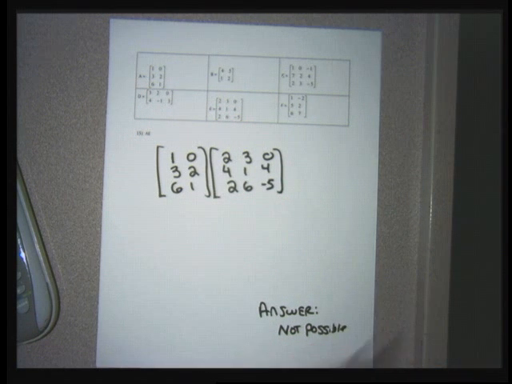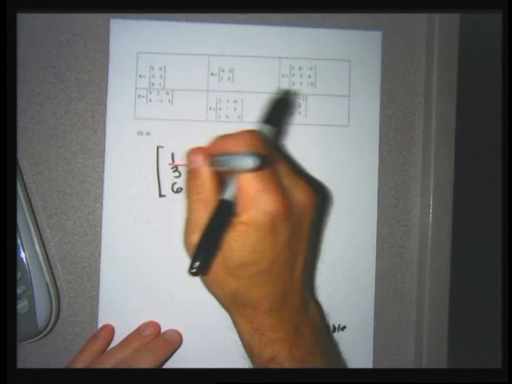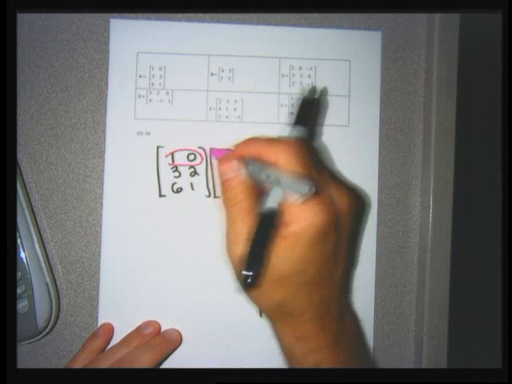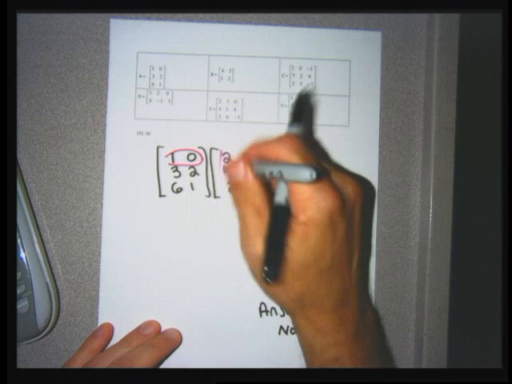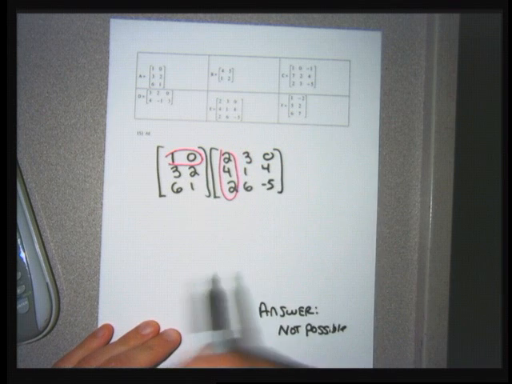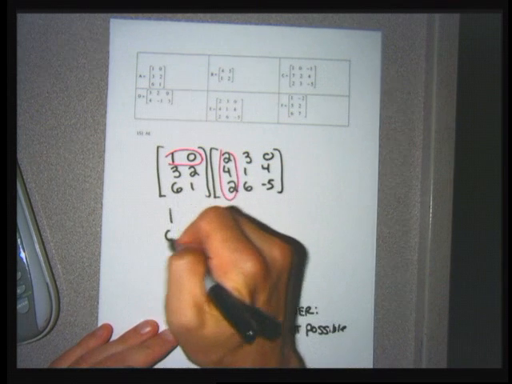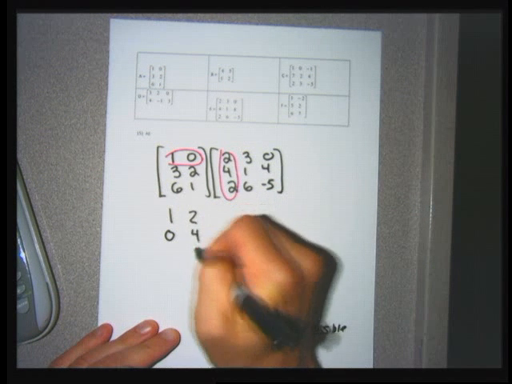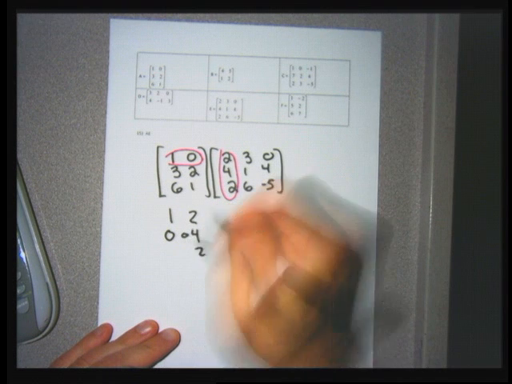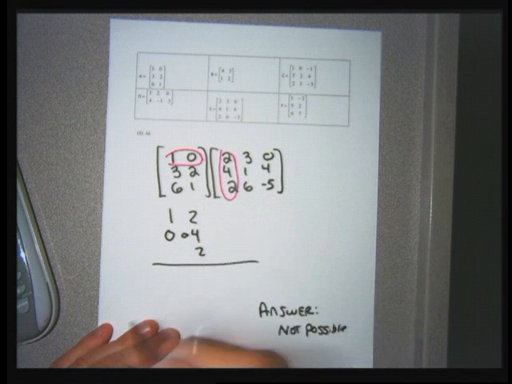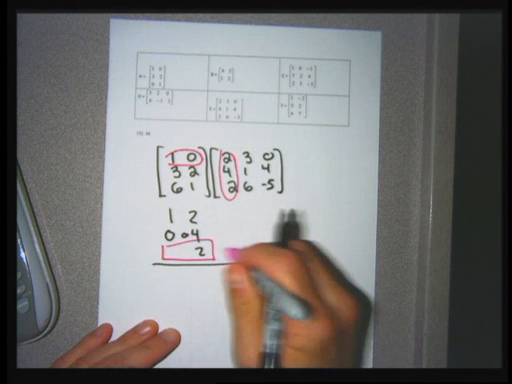If I wanted to do this by hand, the first thing I would do is take this row 1, 0 and write it next to the column 2, 4, 2. So I'd go 1, 0 and then 2, 4, 2. And then I'd multiply across and add. Because there's a blank here, there's nothing to multiply here.